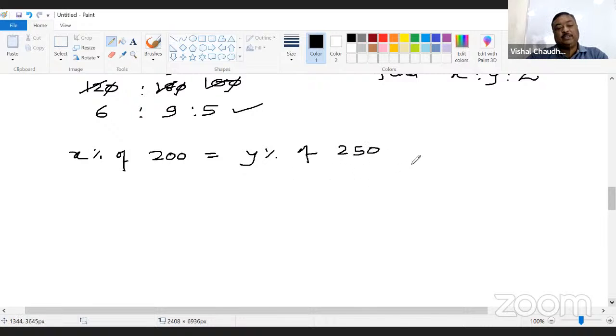And the question says, find X is to Y. Find X is to Y. Anyone? Can you answer it? Anyone? Can you answer it?